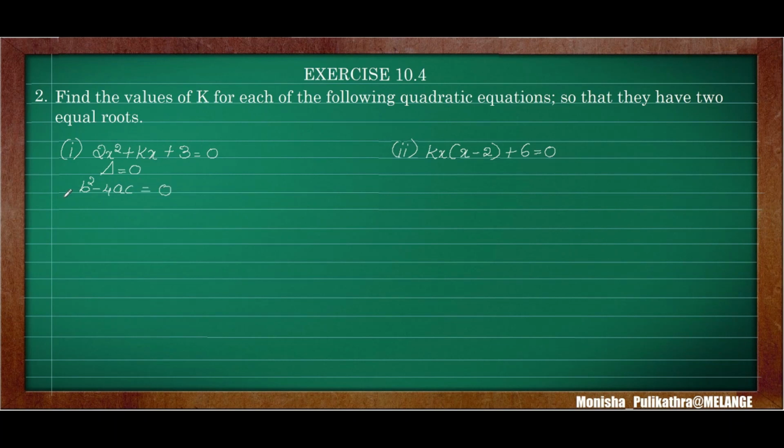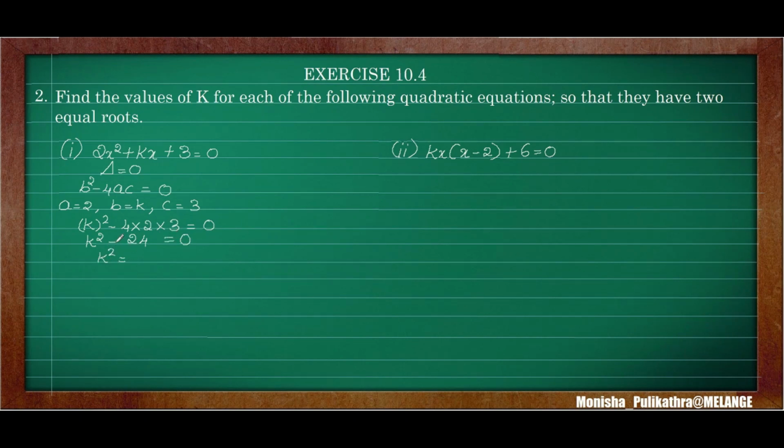Here in the question, a is equal to 2, b is equal to k, and c is equal to 3. We need to substitute the values into this equation. So b is k, so k square minus 4 into a is 2 and c is 3, which is equal to 0. So k square minus 4 twos are 8, 8 threes are 24 is equal to 0.